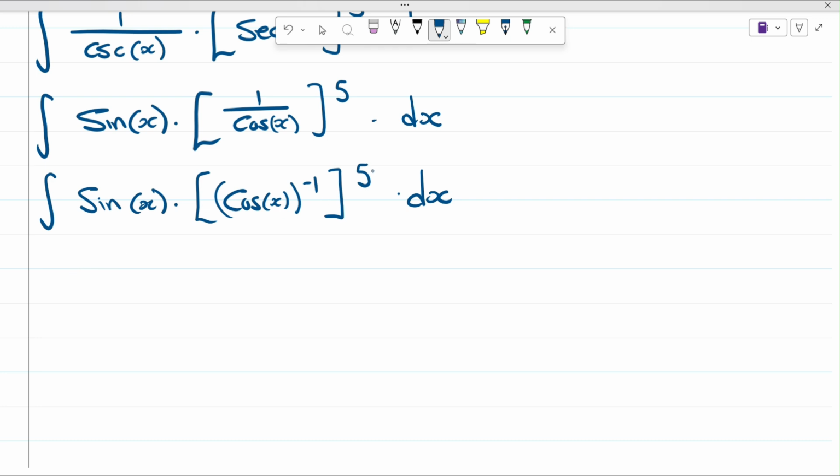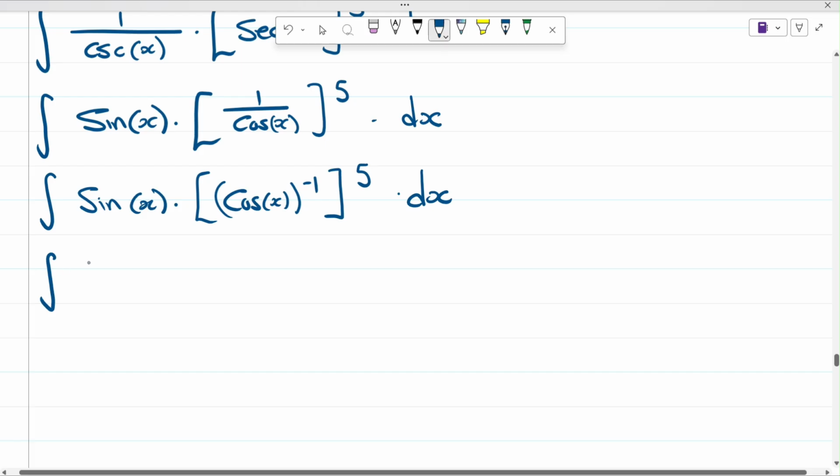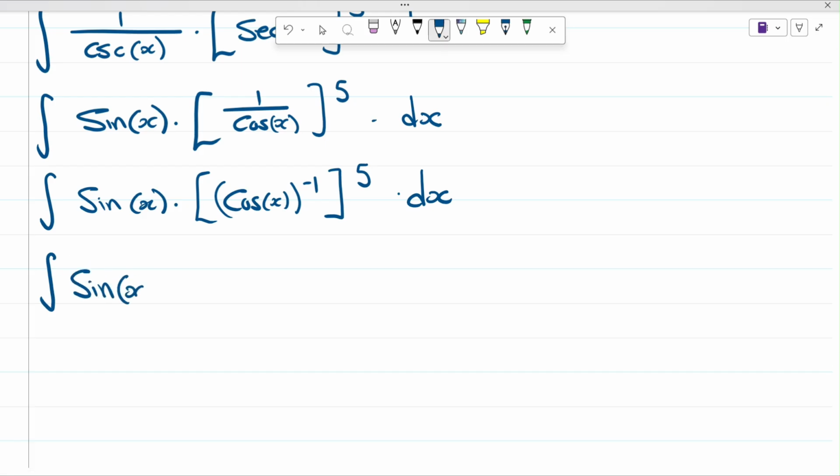So yeah, then from here we're gonna apply our properties of exponents. We're gonna multiply this -1 with that 5. We're gonna use that rule of multiplying. Is it laws of exponents? Yeah, I think it's laws of exponents. We're gonna apply our laws of exponents.